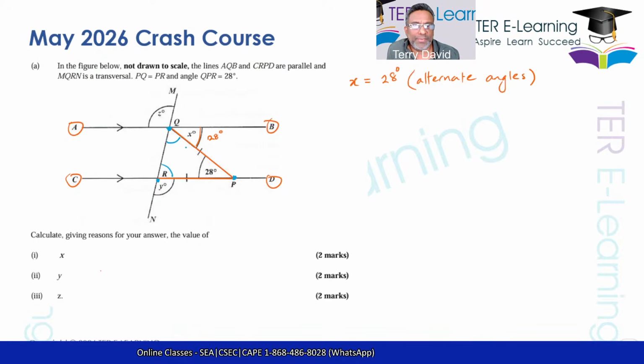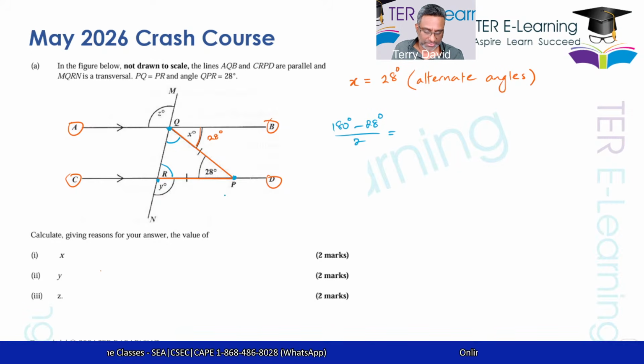Therefore, that blue angle is simply 180 degrees minus 28, divided by 2. So that's 180 minus 28 divided by 2, and you're going to get 76 degrees.